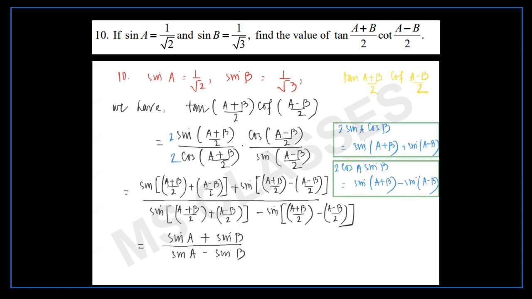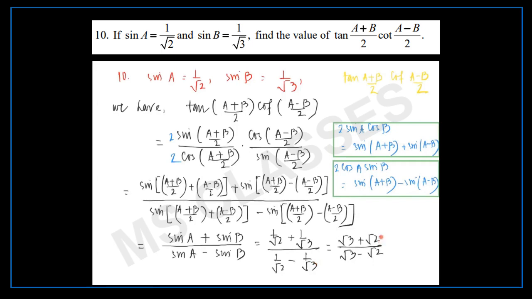Now we know the values which are given here, so we can substitute. That is 1 by root 2 plus 1 by root 3 whole divided by 1 by root 2 minus 1 by root 3. And that gives us (root 3 plus root 2) by (root 3 minus root 2). It can be further simplified by rationalizing.